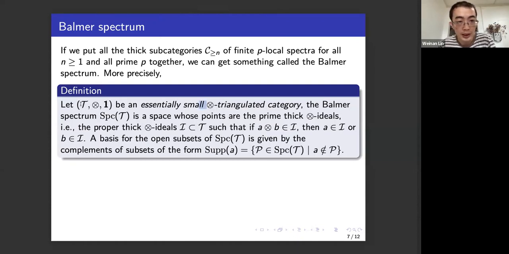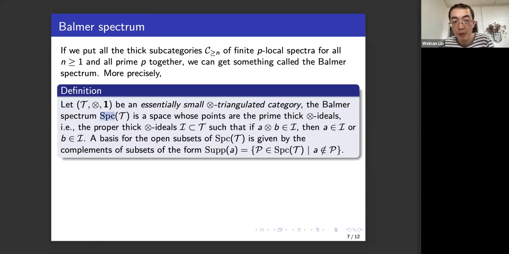I'm comparing this category to a commutative ring, and the tensor is like the multiplication. The triangulated category condition is like the addition. And in commutative algebra we can define a spectrum. It is called the Balmer spectrum of this category.